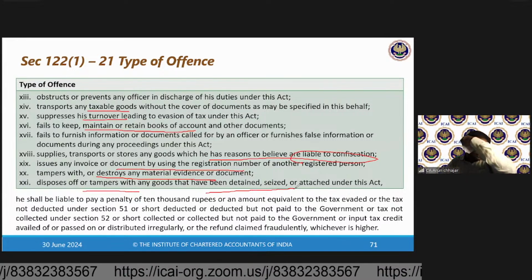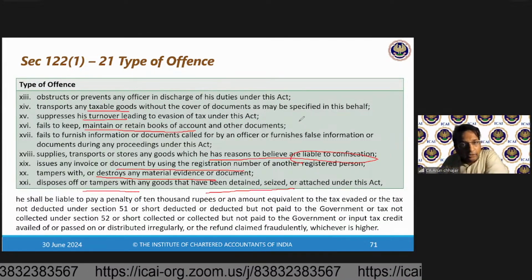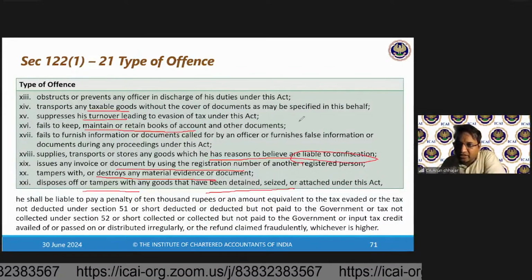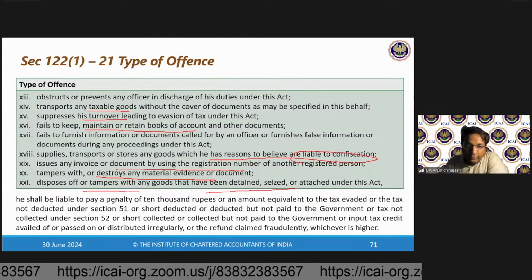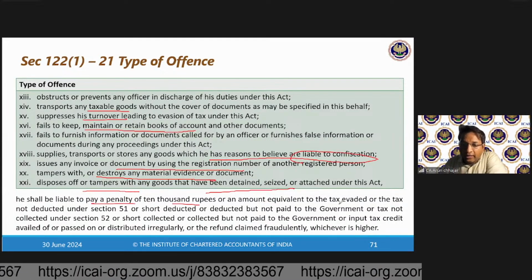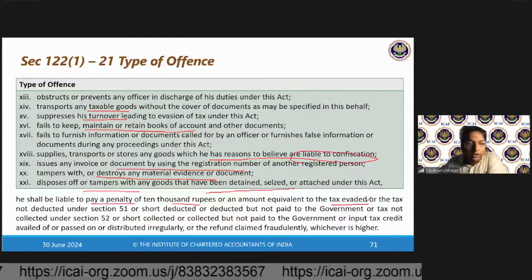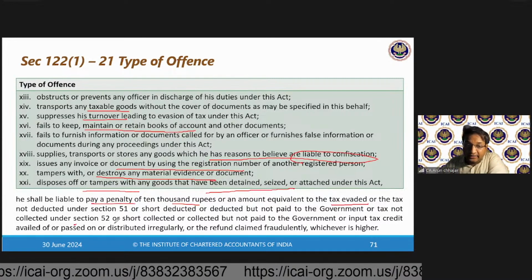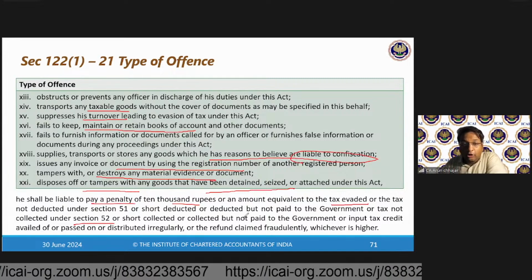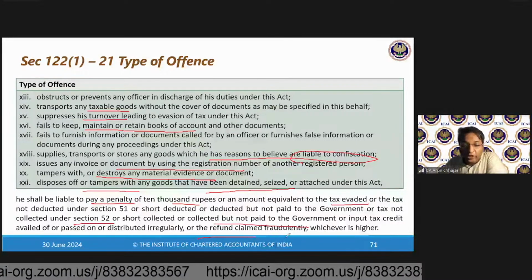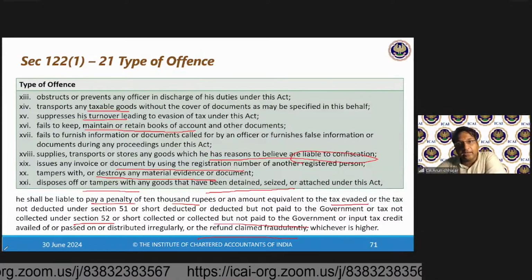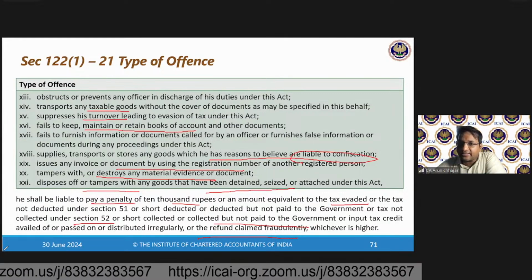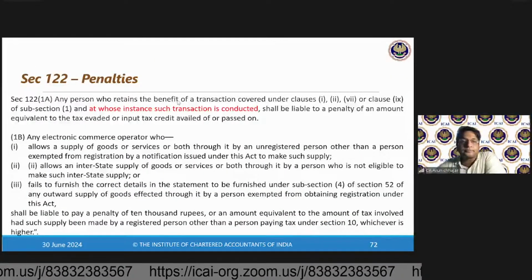In all such cases, the penalty will be 10,000 or 100% of the tax, whichever is higher. The person is liable to pay a penalty of 10,000 or an amount equal to the tax evaded, tax not deducted, tax short collected or not paid to the government, or the fraudulent refund claim, whichever is higher. So 10,000 or the tax, whichever is higher, is the penalty amount.